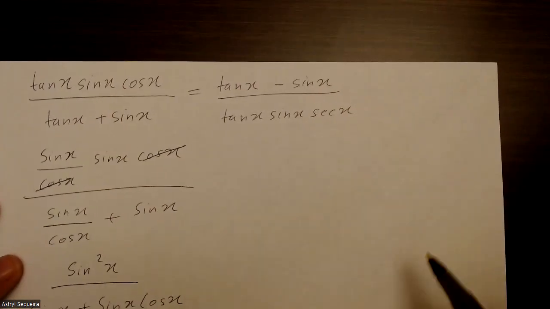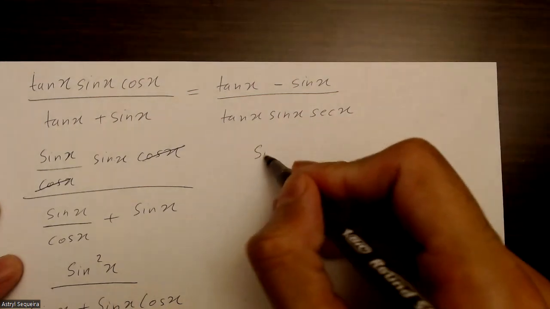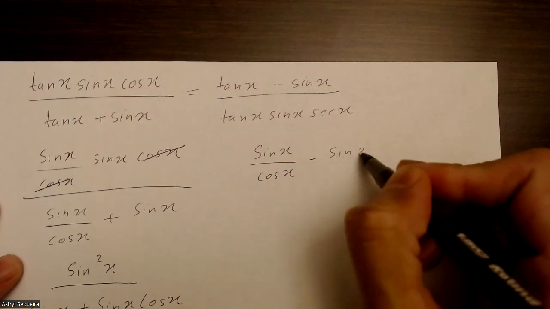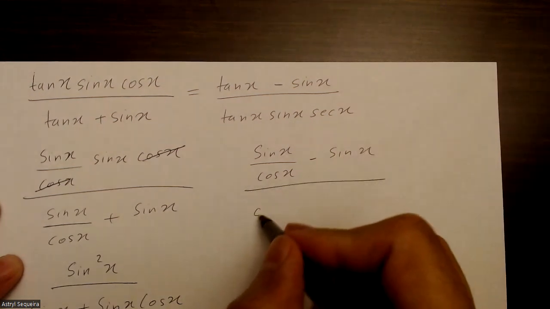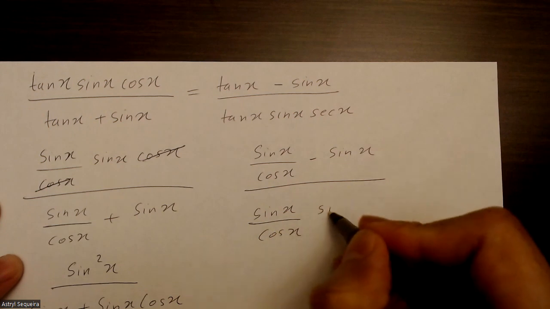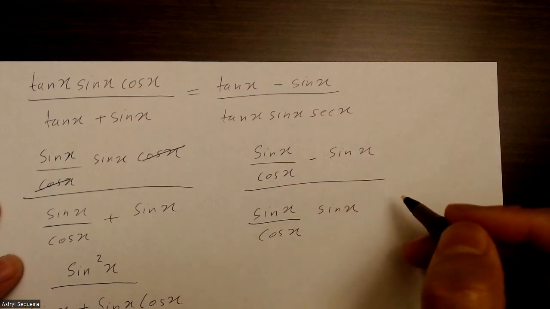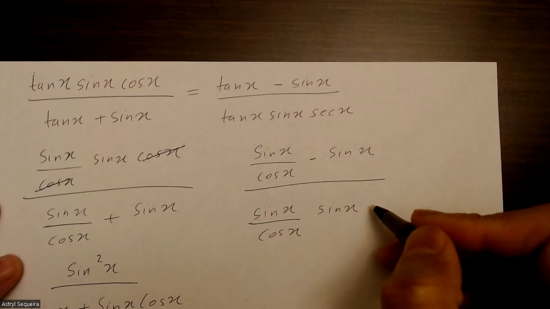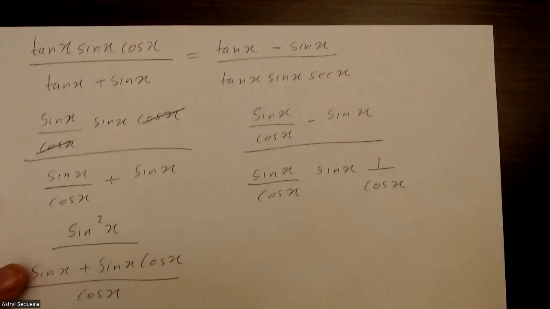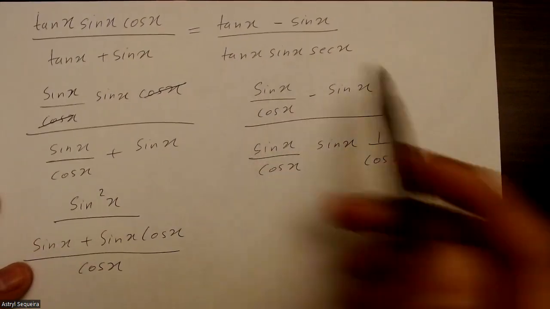So the same thing on this side. Let's see what happens. So I have sine x over cos x minus sine x divided by sine x over cos x, sine x, 1 over cos x. And then I'll do a common denominator on the top.